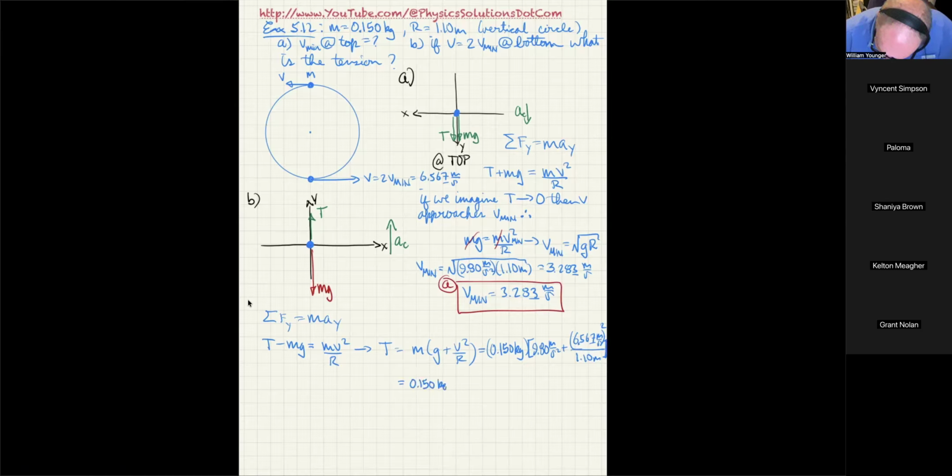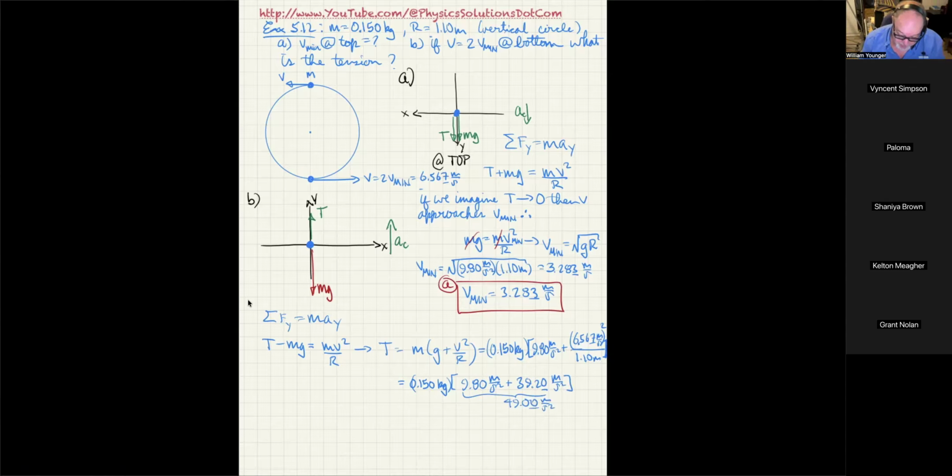0.150 kilograms times 9.80 meters per second squared plus 39.20 meters per second squared. So 39.2 plus 9.8 gives me 49.0 meters per second squared.